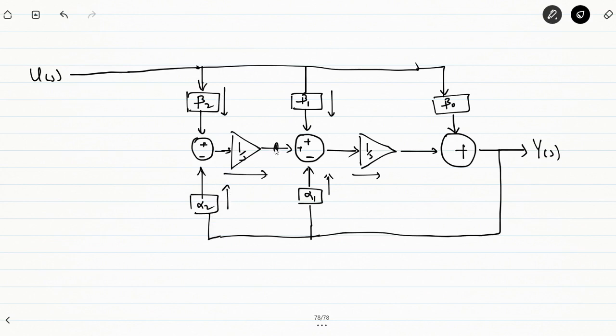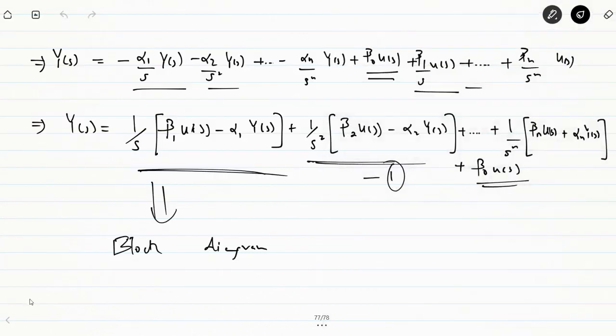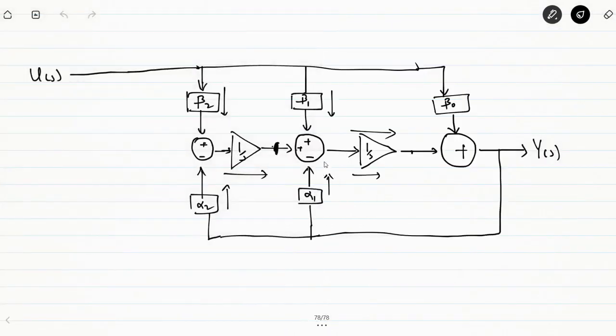That means at this point I have the term 1 by s beta 2 us minus alpha 2 ys, and then it's passing through this summer and passing through another integrator. That means at this point this signal will become 1 by s square times beta 2 us minus alpha 2 y of s. So this term is made to pass through two integrators, such that we obtain 1 by s square beta 2 us minus alpha 2 y of s.